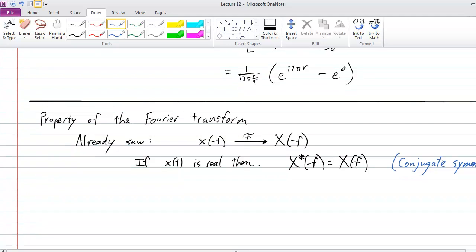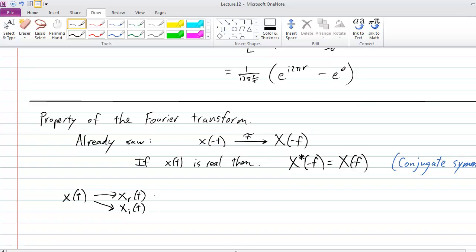And we also saw something about the real and even odd decomposition. Okay, so x of t, if we want, we can split this into two parts, let's say x real of t and x imaginary of t.